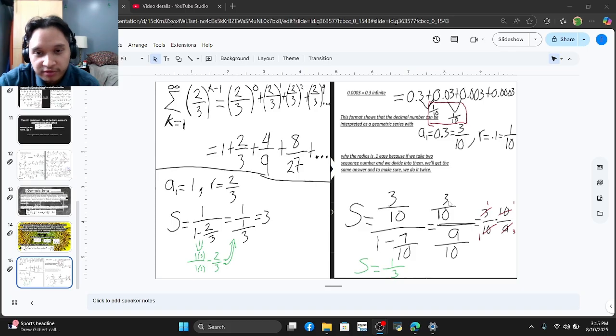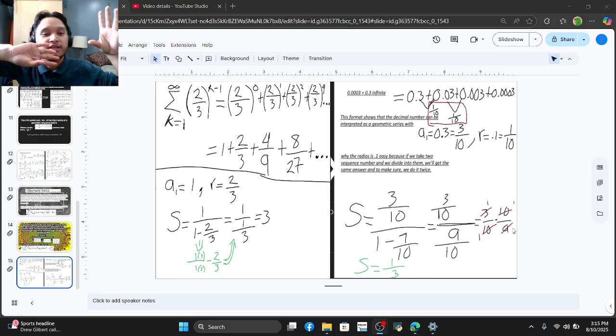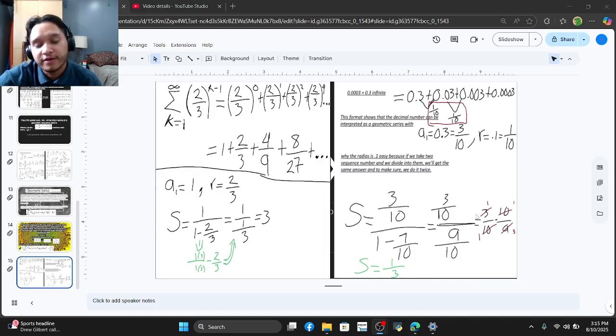Now we flip it. We took the first one, 3 divided by 10, times 10 divided by 9. We just flip the lower division. It's like saying this number is bigger, but we're going to take it to the lower and multiply, and this will give us an equal, or fair, equation.